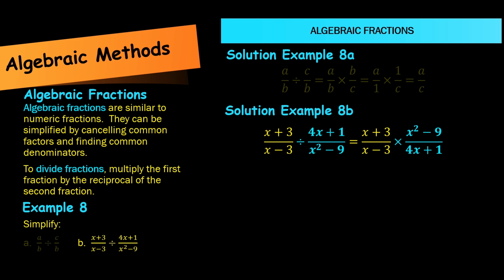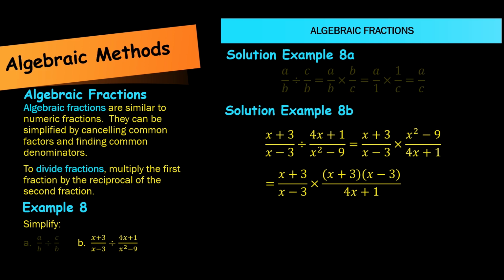We then see if we can factorise further. We can leave x plus 3 over x minus 3 as it is, and factorise x squared minus 9 to give x plus 3 times x minus 3. And of course we leave 4x plus 1 as it is.